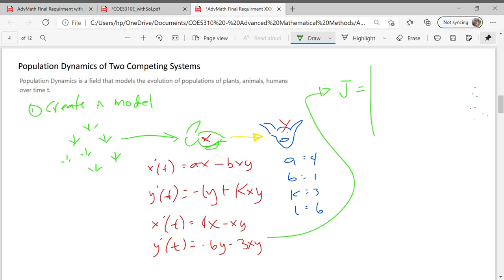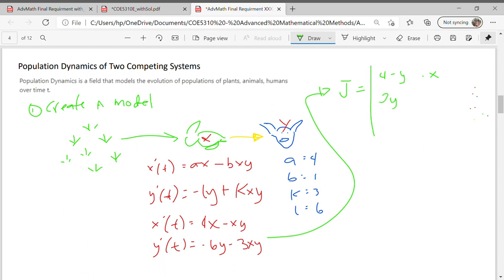First, we compute the partial derivative of the function x. So we get 4 minus y, then minus x.